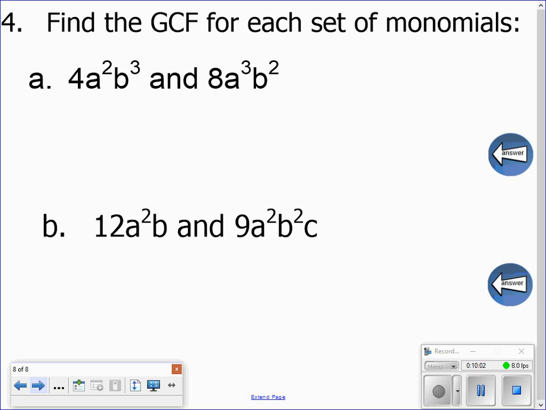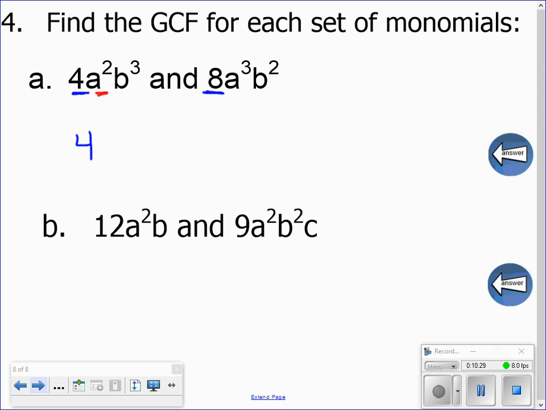First way that you can do this is to look at, again, 4 and 8 and say, hey, what's the largest number that goes into both 4 and 8? Okay, well, we know that the greatest common factor between 4 and 8 is 4. If we're not sure what the greatest common factor is, then you just need to list them out.